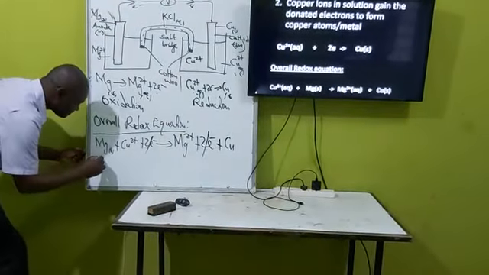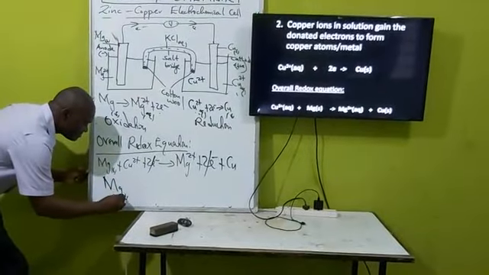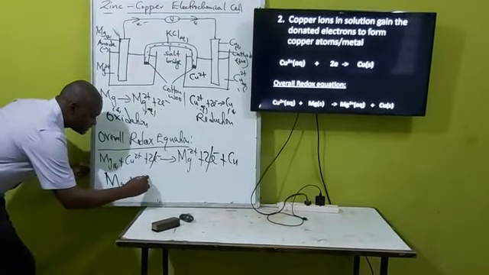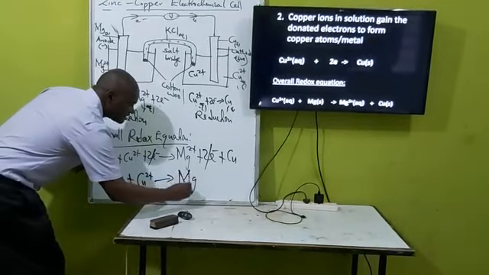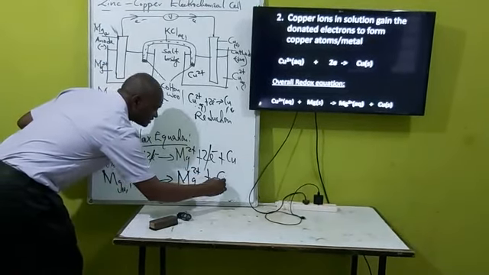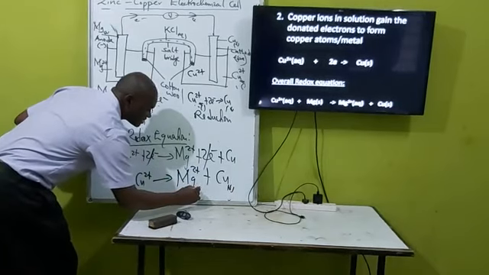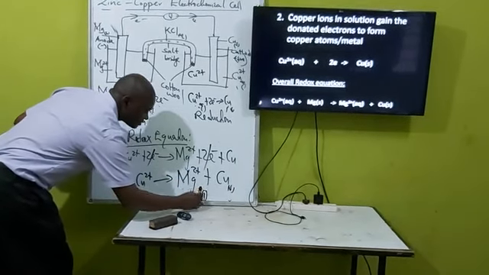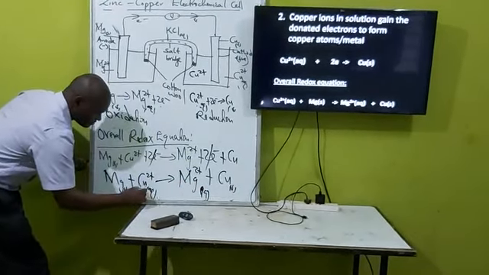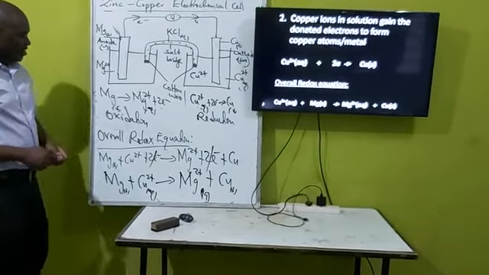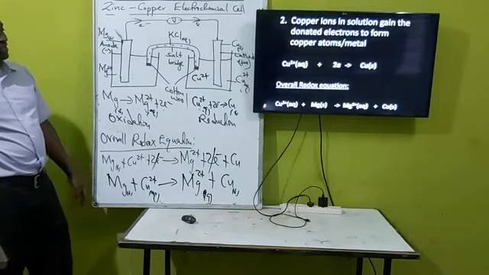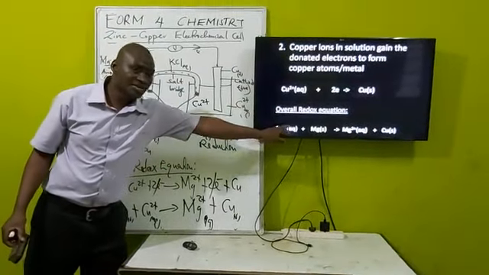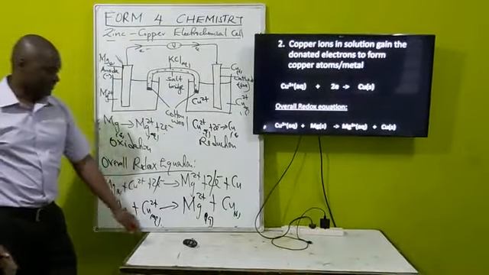We remain with magnesium plus copper 2 plus to give magnesium ion plus copper solid. This one is the overall redox equation.